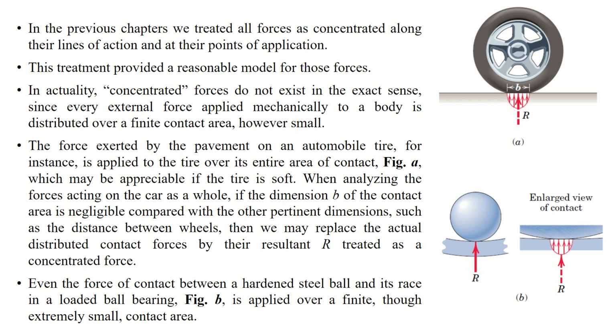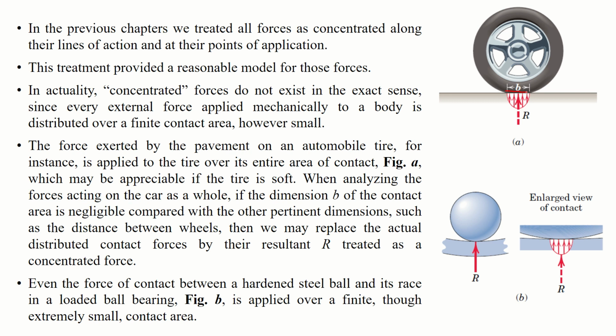When analyzing the force acting on the car as a whole, if the dimension B of the contact area is negligible, as you can see in the figure right here, compared to the other pertinent dimensions such as the distance between wheels, then we may replace the actual distributed contact forces by a single resultant R, treated as a concentrated force.